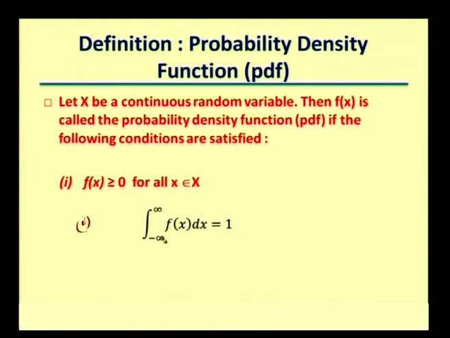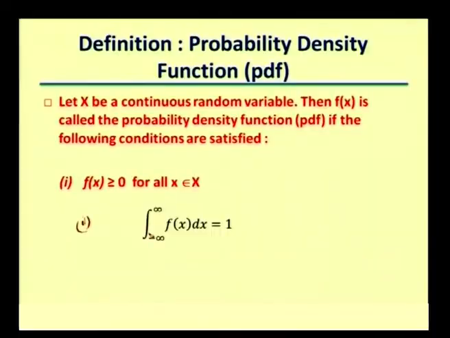For continuous, we have to use the notation of integration. If it is discrete and countable, finite, you can add. If it is continuous and uncountable, you have to definitely integrate. So, integrating from minus infinity to plus infinity, f of x dx is equal to 1. This is the second condition which mentions total probability is equal to 1.